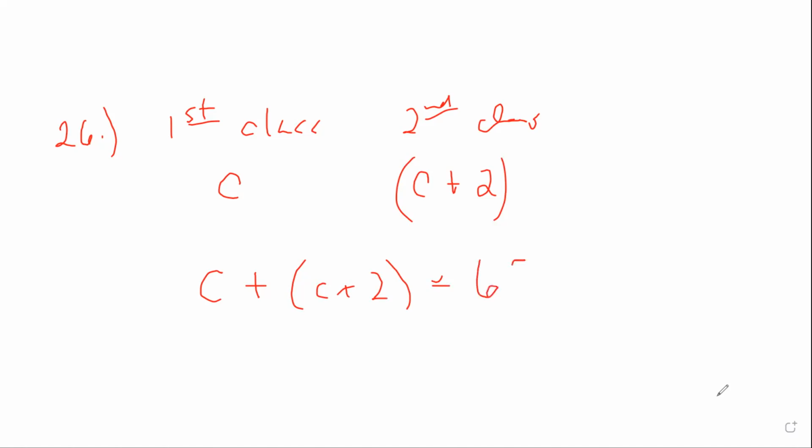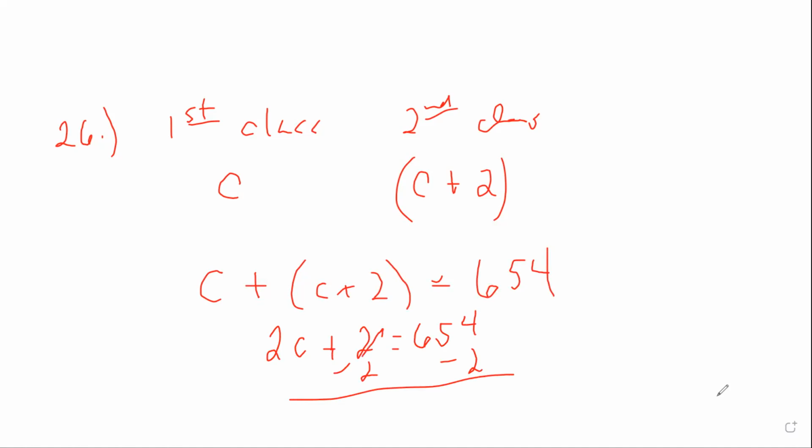That's going to be 654. So now I can combine like terms. I'm going to have 2C plus 2 equals 654. I'm going to subtract 2 from both sides to get 2C equals 652, and then divide both sides by 2.